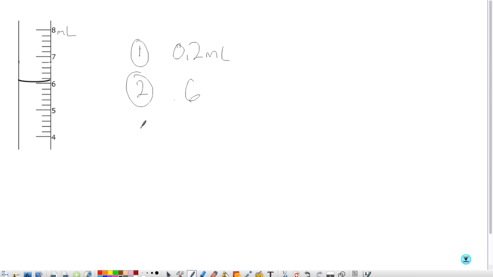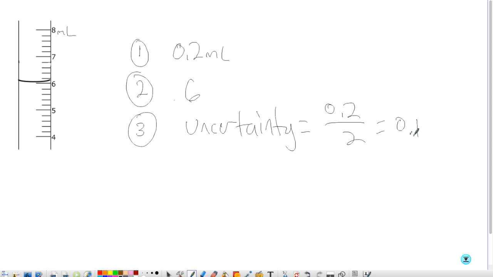Now my uncertainty is 0.2 over 2, which is 0.1. So I need to estimate to the tenth place. I'm going to estimate 0.1, so my value becomes 6.1 milliliters, and that's my answer.